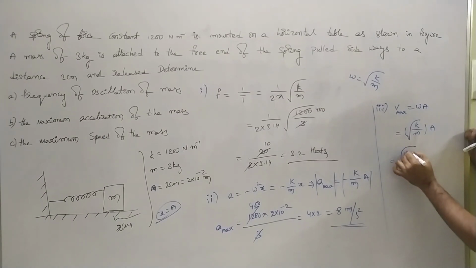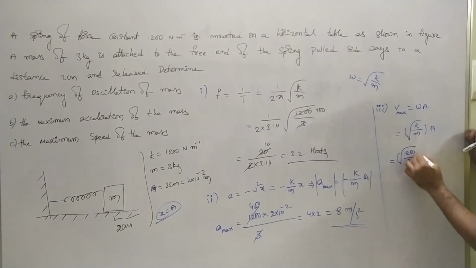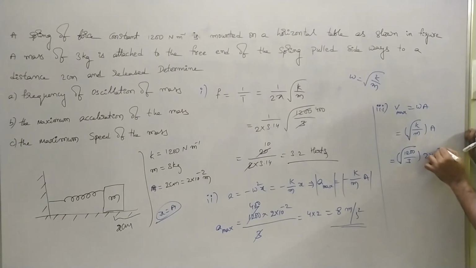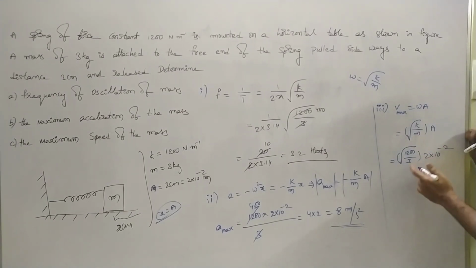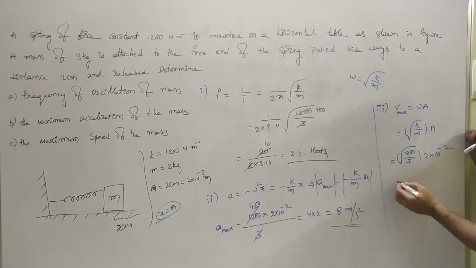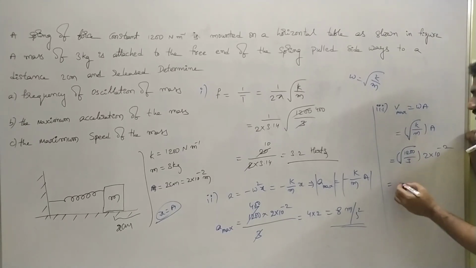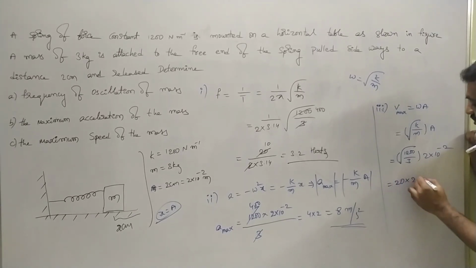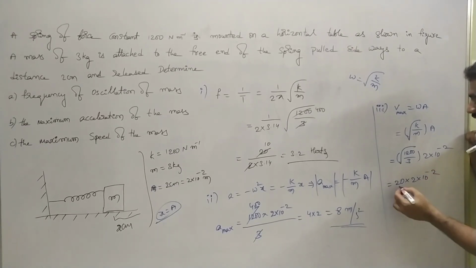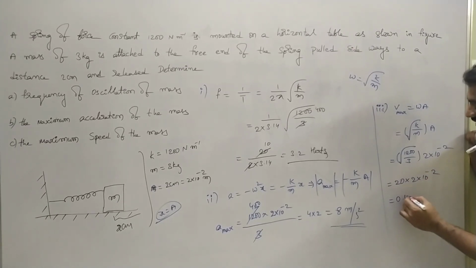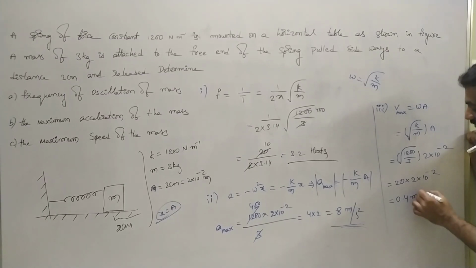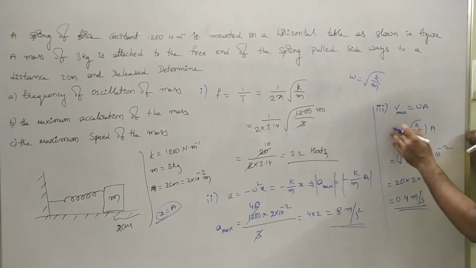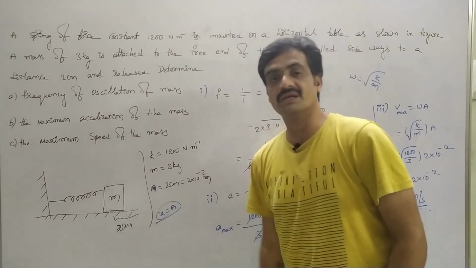So we have 1200 by 3 into amplitude is 2 into 10 to the power of minus 2. Under root of 1200 by 3 is nothing but under root of 400, which is 20. So 20 into 2 into 10 to the power of minus 2, that is 4 into 10 to the power of minus 1. So we can represent it as 0.4 meter per second. This is the maximum velocity attained by the spring block system.